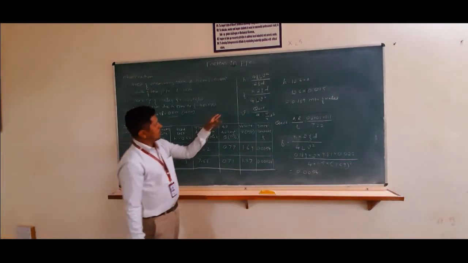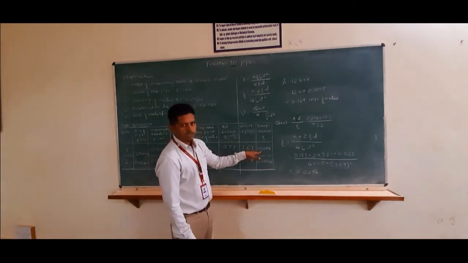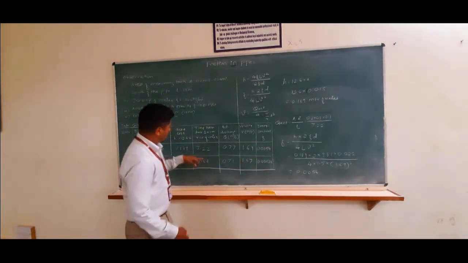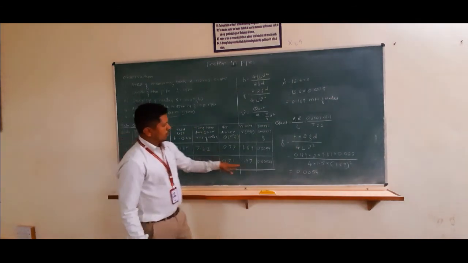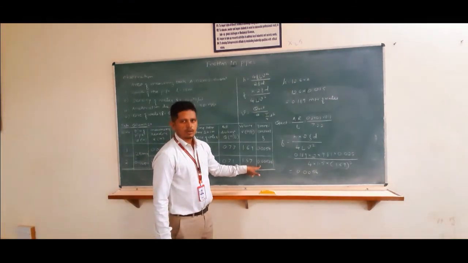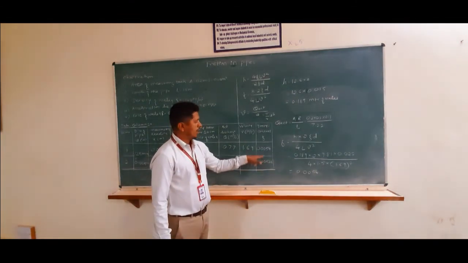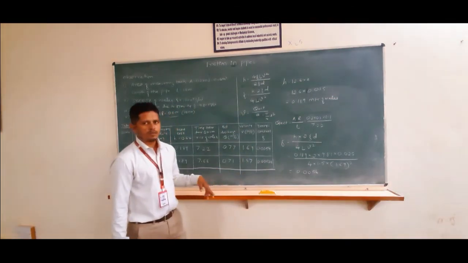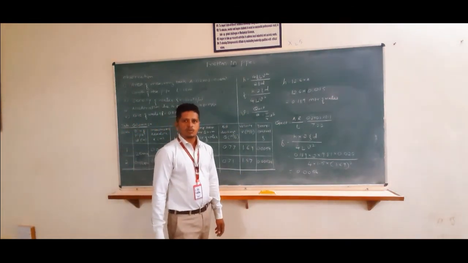When the diameter of the pipe changes, how the friction factor changes, as well as when the discharge is varying, what is the conclusion. So between when the discharge is varying and when the diameter of the pipe is varying, what is your conclusion, that we have to write at the end of the experiment.